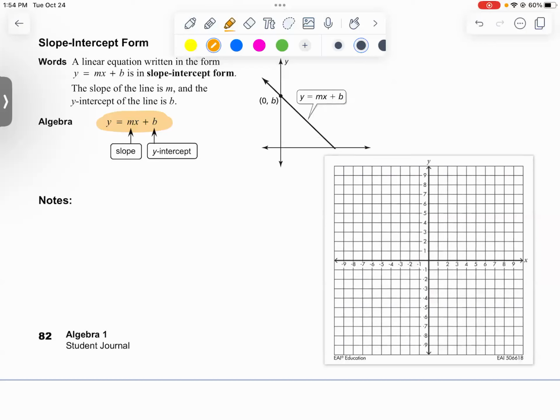Take a yellow sticky note and put it where I put my graph line.